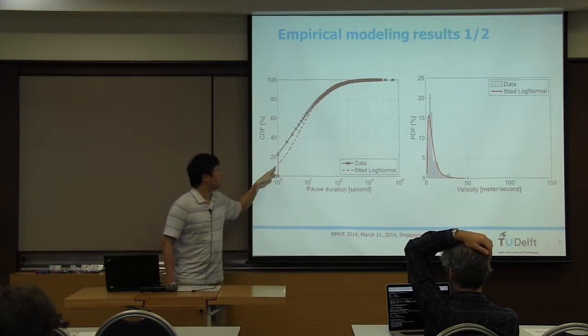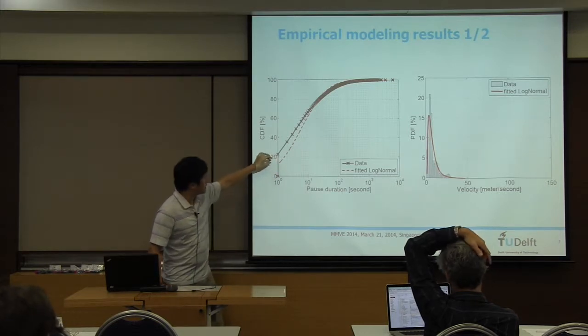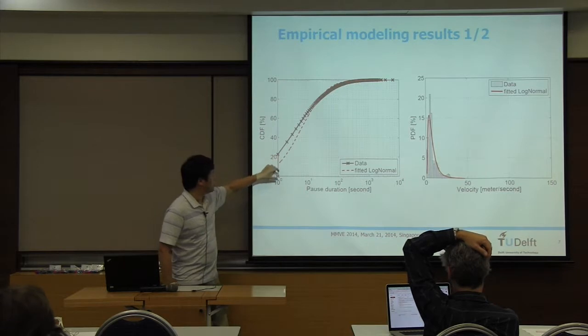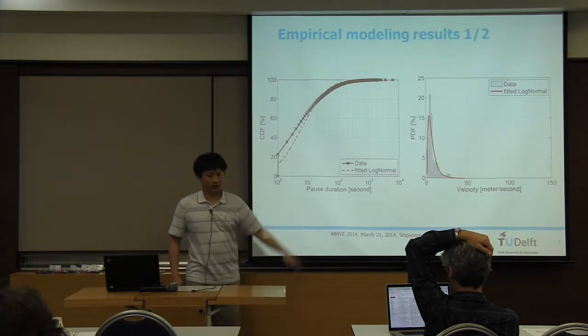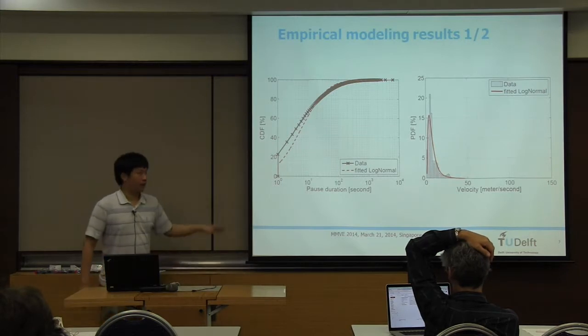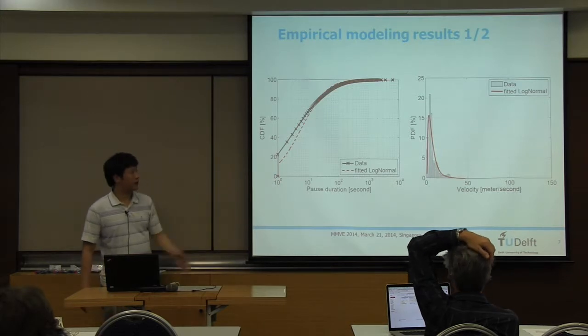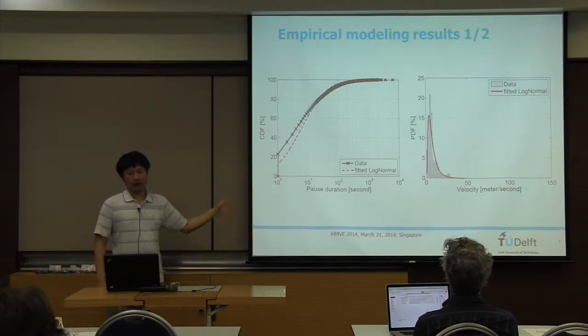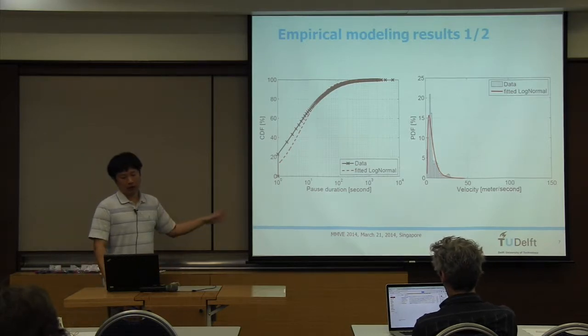As we can see, the fitted pause duration in the very beginning is slightly higher than the real data, but in general it fits reasonably well. And as you can see from the right part of the figure, the fitted velocity fits reasonably well with the empirical data.